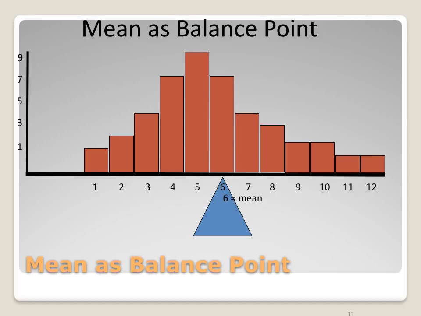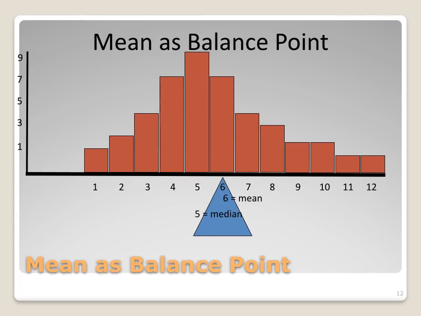In this type of distribution, we're going to find that the mean is 6, but now let's figure out the median and the mode and see if it's the same as the mean. The median is defined as the middle score, and with 51 scores, the middle score works out to be 5.